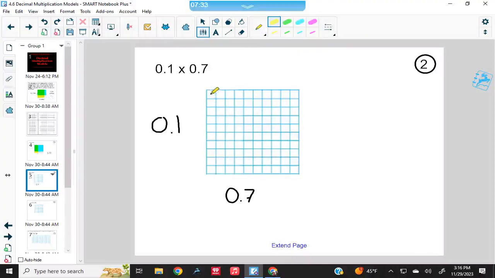This is a tough one. 1/10, so we're going to color one row. All right, so we're going to do 7/10 in our bluish color. So we'll start up there. So there's 1, 2, 3, 4, 5, 6, 7.